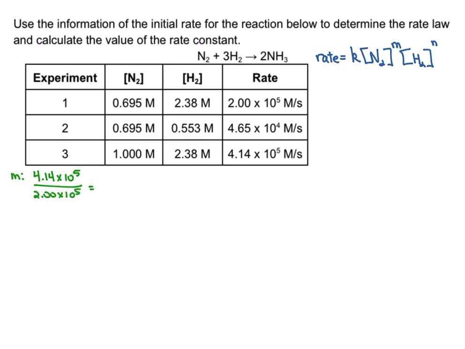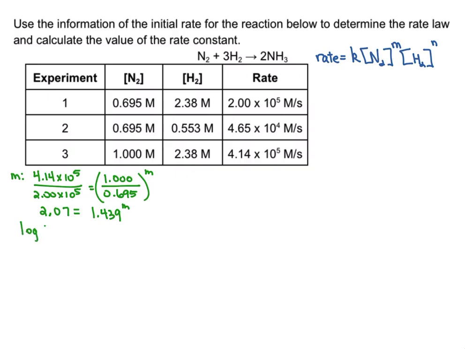And we're going to compare that to concentration. All right, this is going to give me 2.07 equals 1.439 raised to the power of M. Okay, this one is a little bit harder to see, so I'm going to have to do a little bit more math, and I'm going to convert both sides to logs.